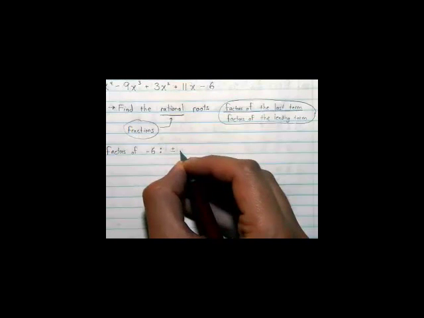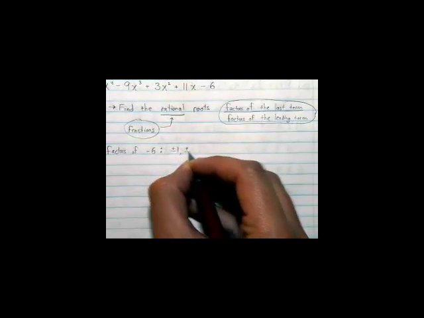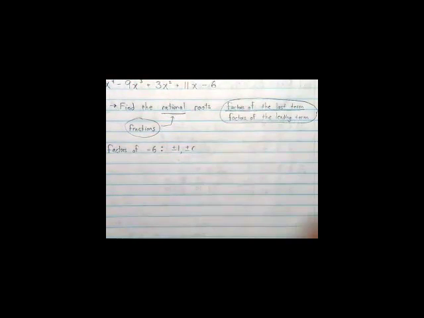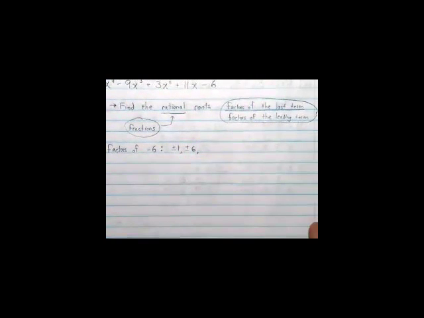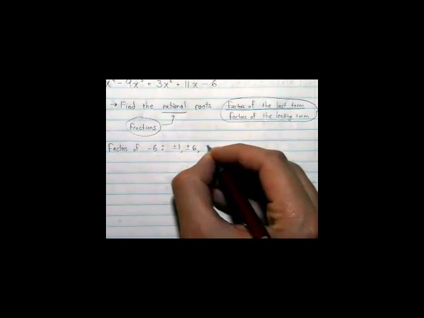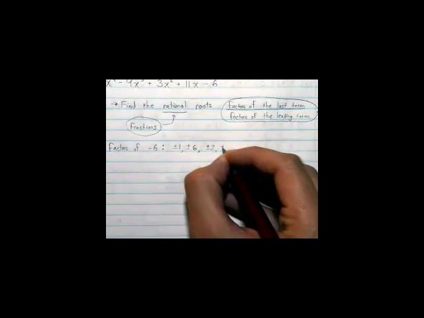So plus or minus 1, plus or minus 6. What are some other factors we can use? 2 and 3. Okay. So plus or minus 2, plus or minus 3. Okay, those are all the different factors we could have from negative 6 that are integers.